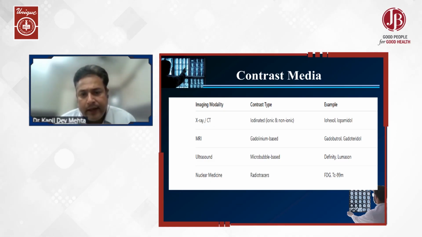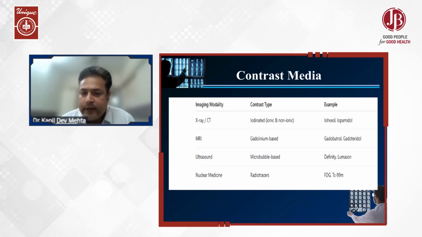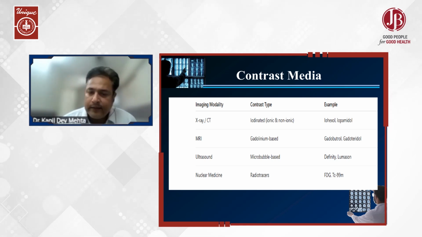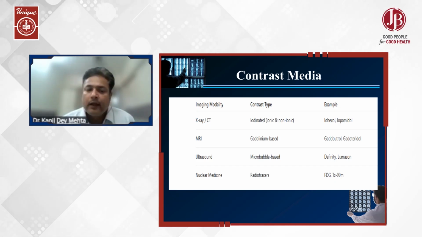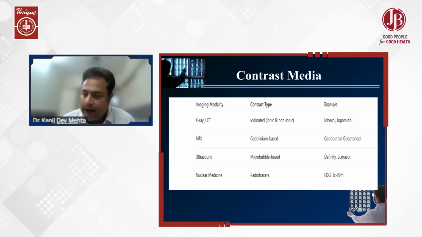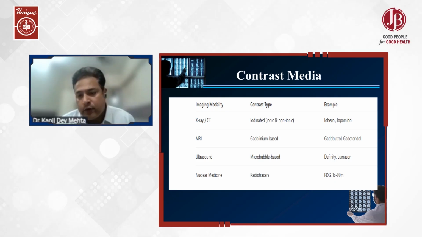Which kind of contrast media should be used when? Generally for X-rays and CT scan, iodinated contrast media are used. They can be ionic, they can be non-ionic. For MRI, generally gadolinium-based contrast media are used. For ultrasound, microbubble-based contrast media are used.